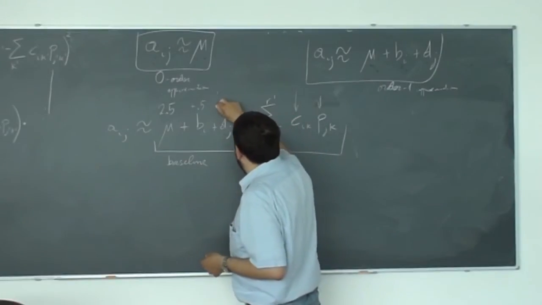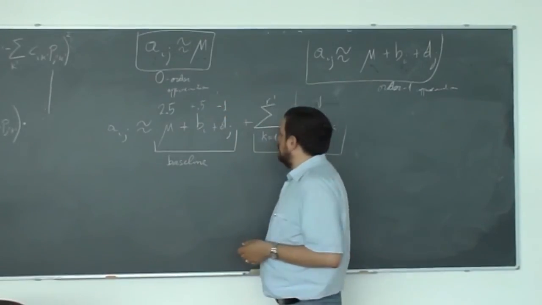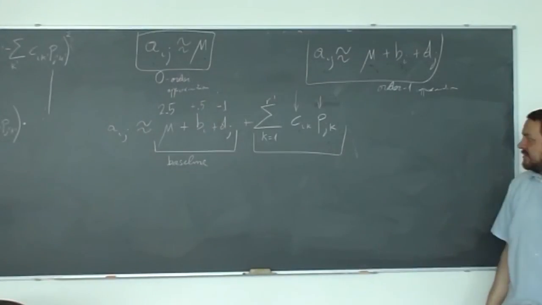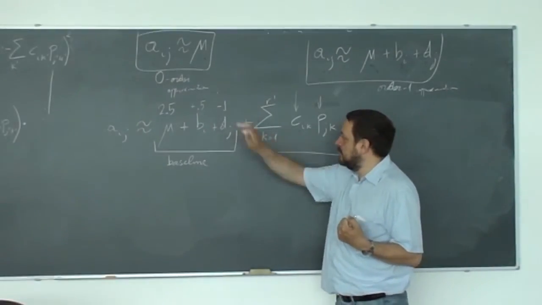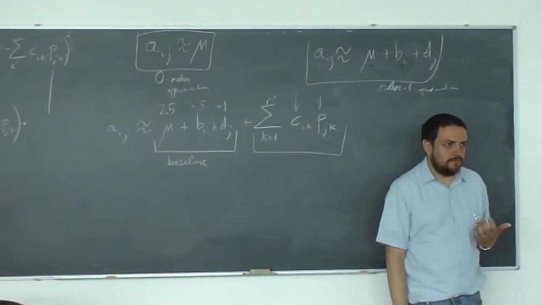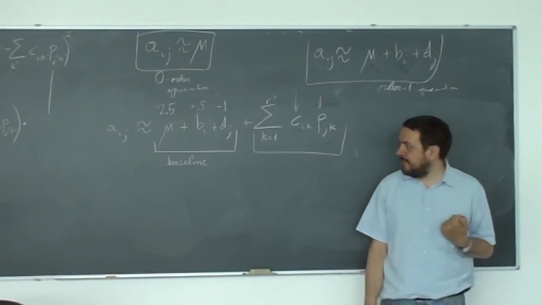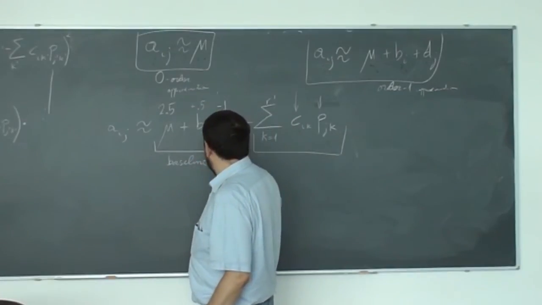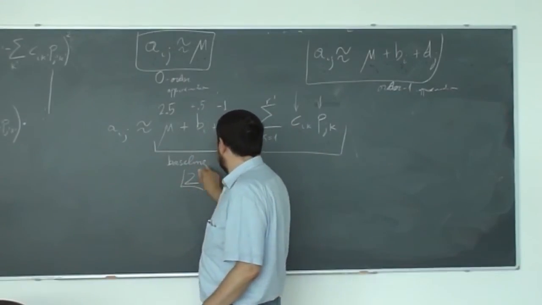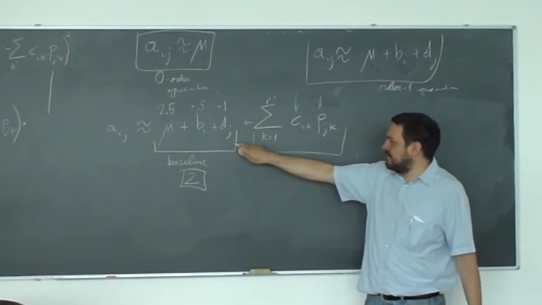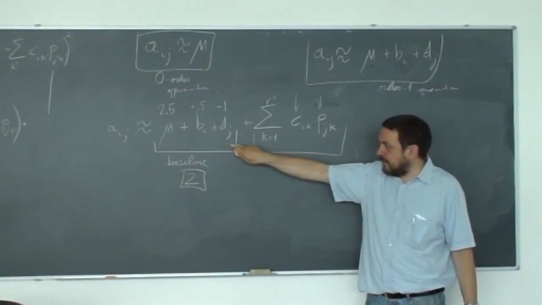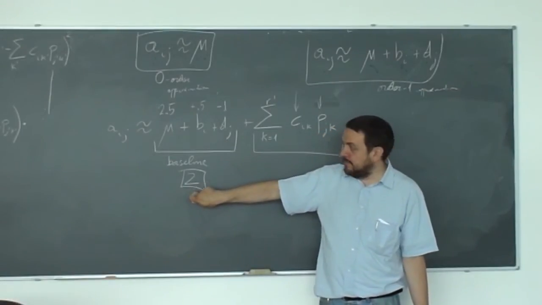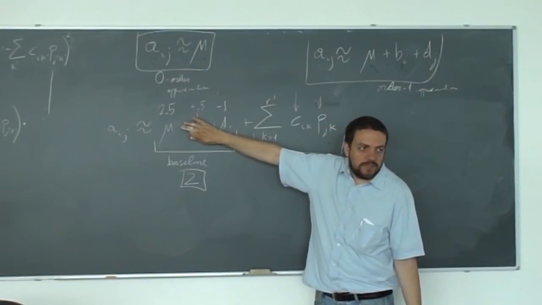Item j tends to receive lower votes, about 1 vote less than the average. This already gives us an approximation: the vote that is predicted for item j by user i is 2 by this order 1 approximation.